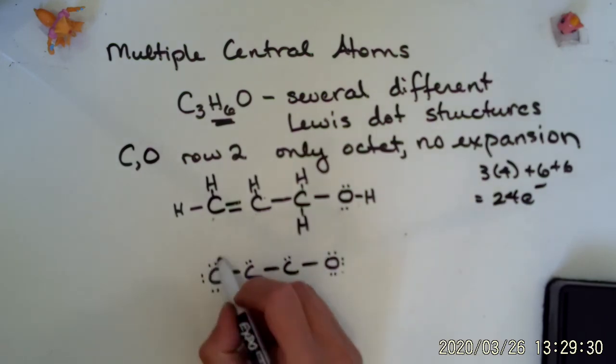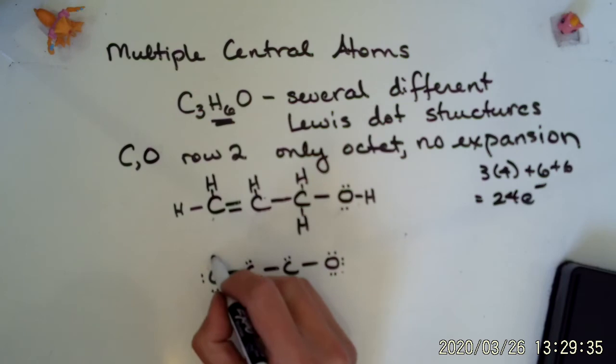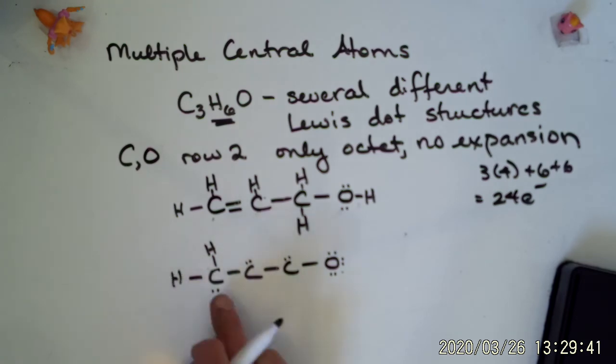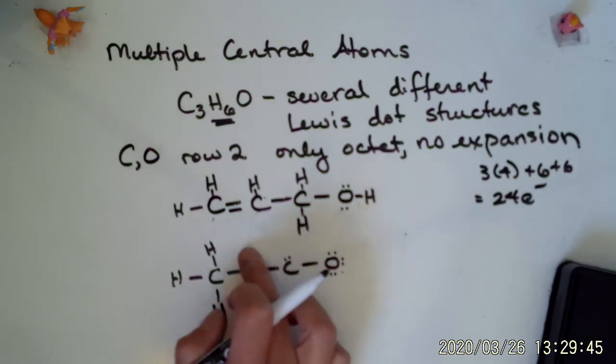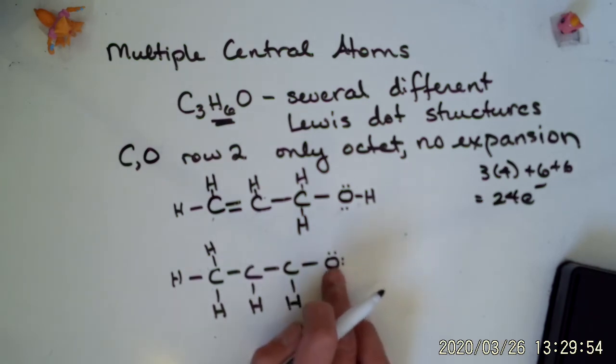So I can put a hydrogen here, 1, a hydrogen here, 2, a hydrogen here, 3, a hydrogen here, 4, a hydrogen here, 5. Okay, I need another hydrogen, a hydrogen here.